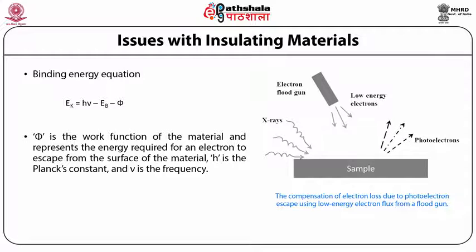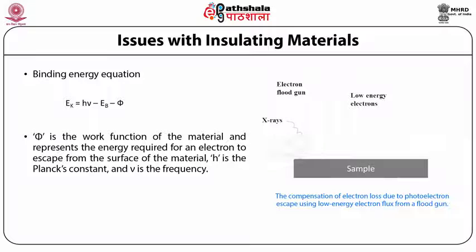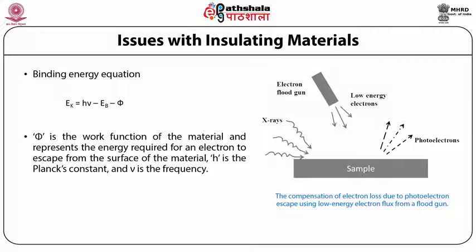In XPS, the surface of the material is provided with a flux of low energy electrons using an electron gun, as shown in Figure 3. The electron flux compensates for charge loss due to photoelectrons that are escaping from the surface. The flux helps maintain a stable surface potential.